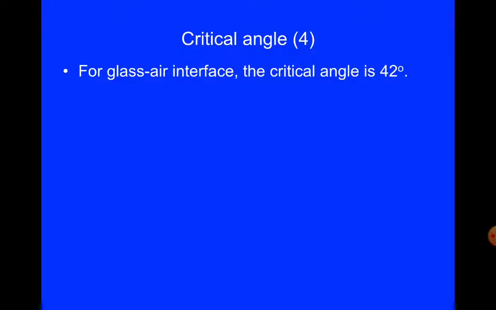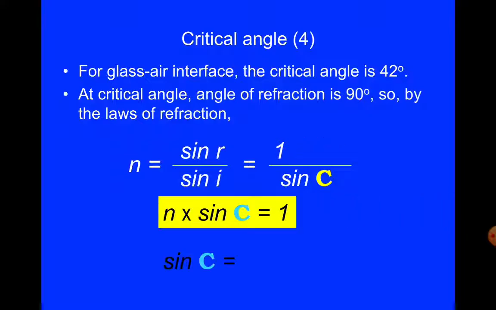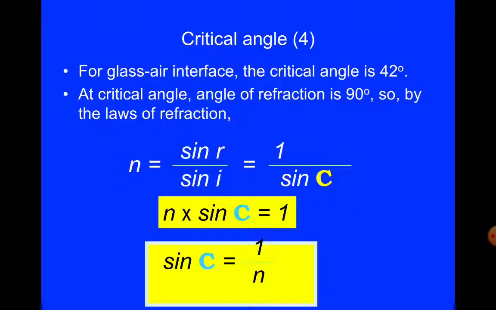The critical angle. Let's look for the critical angle for a glass air interface. The critical angle is given as 42 degrees, and at a critical angle the refraction is 90 degrees. Now, we use the following equation. We knew already from the refraction that the refractive index is sine of the refraction angle divided by sine of the incident angle.